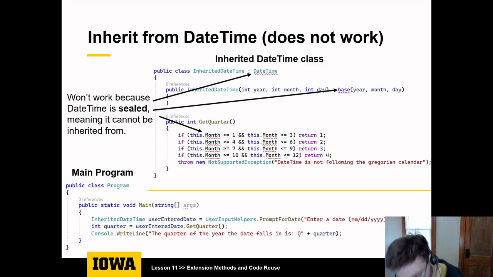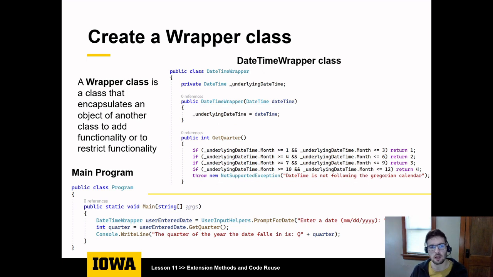Okay, so the inheritance doesn't work, but there's another somewhat common strategy, depending on what you're doing, and that's called creating a wrapper class. A wrapper class is a class that encapsulates an object of another class to add functionality or to restrict functionality.